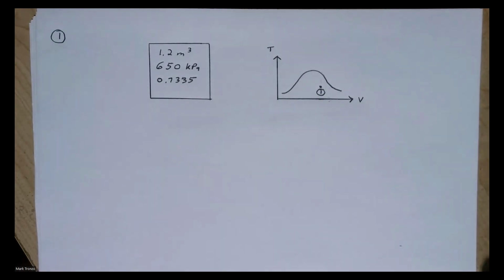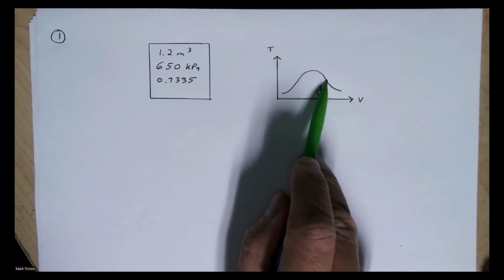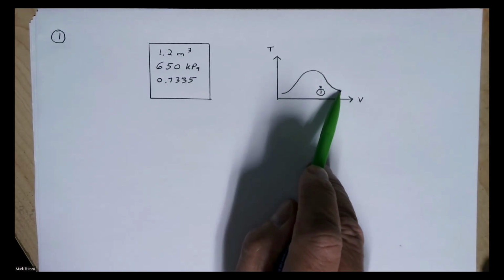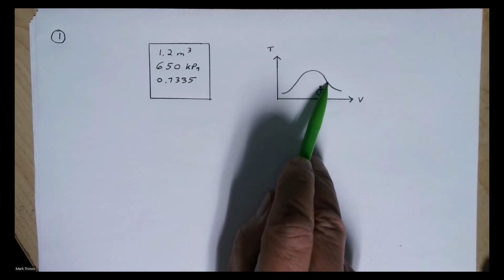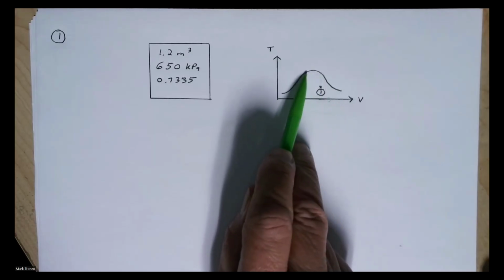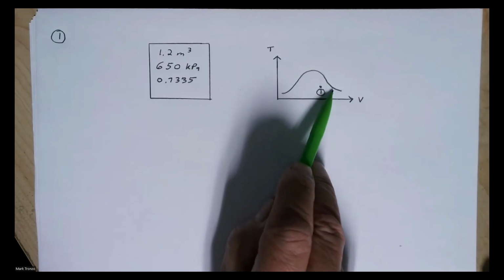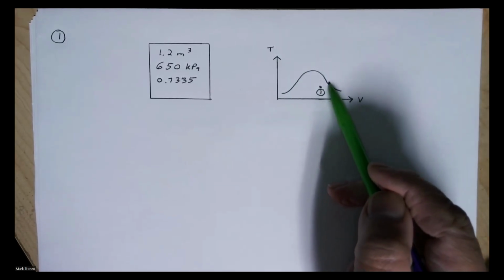But we're told in the problem that the final state is going to be a saturated vapor. And of course, this part of the curve over here indicates a saturated vapor. Remember, over here is saturated liquid, so we know we're going to be on this side of the curve. So somehow we're going to get from our starting point over to here.